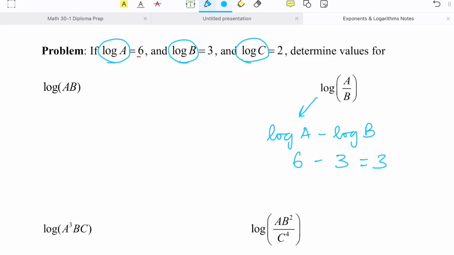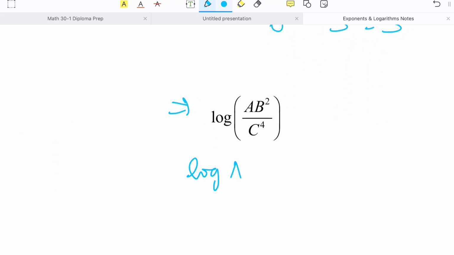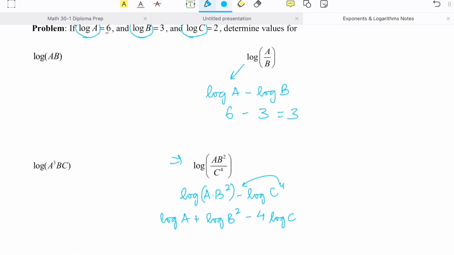Let's do this question. Log of a b squared minus log c to the power of 4, bumps up. This is being multiplied, so we can do log a plus log b squared minus 4 log c. Log a is 6 from here, right?